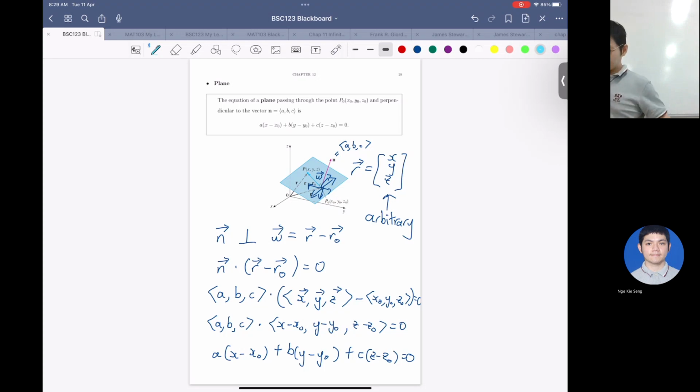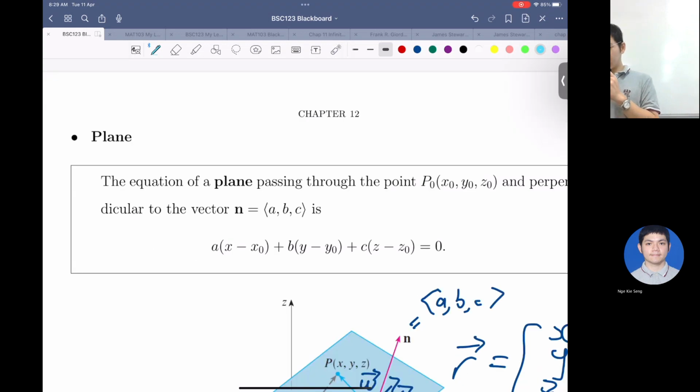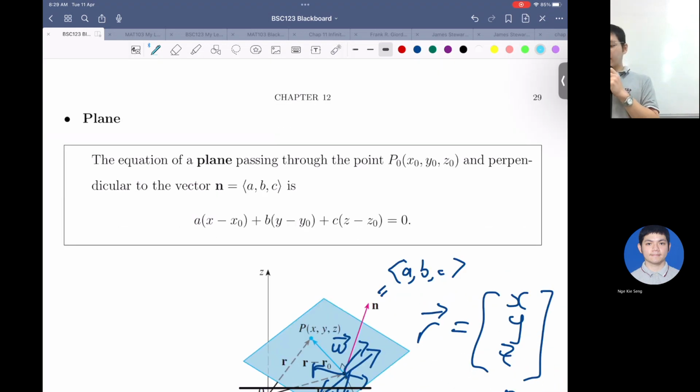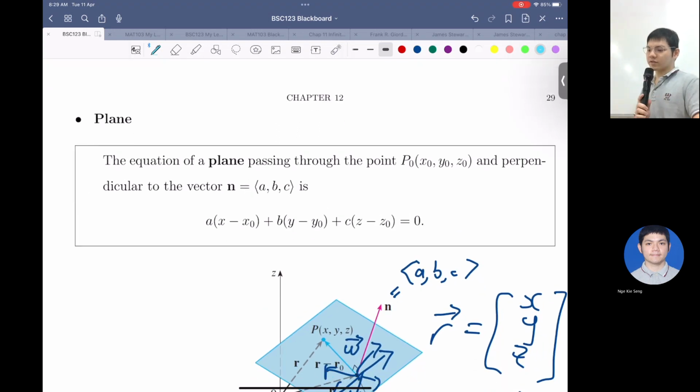So last time we stopped at the equation of a plane. If you look at this equation, my guess is that for some students who don't like maths, there are too many symbols and the symbols don't make sense. For example, this plane here: a times (x minus x0) plus b times (y minus y0) plus c times (z minus z0).